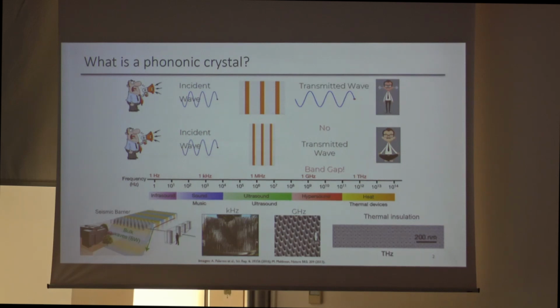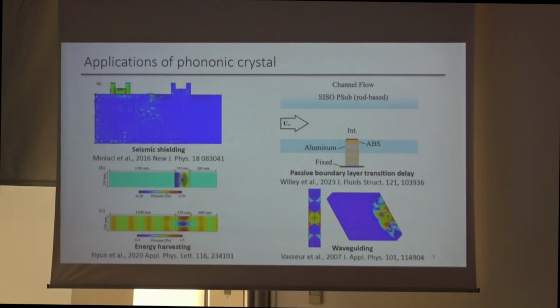Of course, there everything gets a bit more complex. Today I will focus on the ultrasound range, because we can easily do experiments and also fabrication of the crystals at this scale.